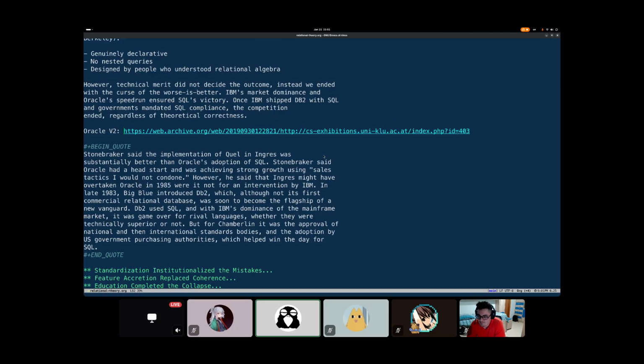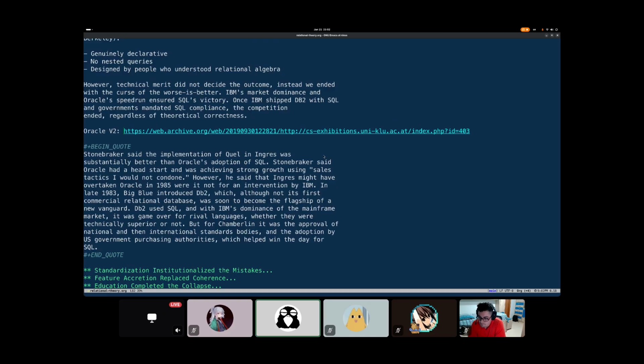However, he said that Ingres might have overtaken Oracle in '85, were it not for an intervention by IBM. In late '83, Big Blue, so that is IBM, introduced DB2, which by the way, I think today is still the best database out there in terms of performance and features. Which, although not its first commercial relational database, was soon to become the flagship of a new vanguard.